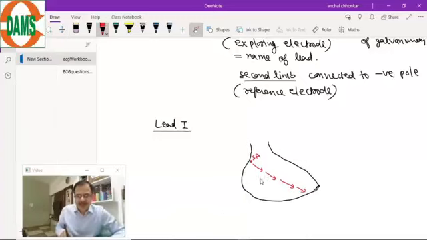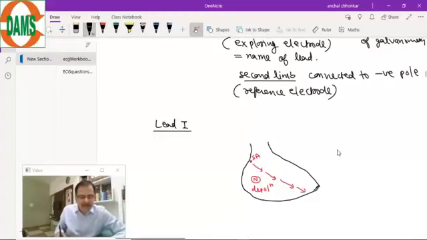So this is the normal depolarization direction in the vertical plane. The red colored arrows show the depolarization going downward from the SA node. It is a movement of positive charge from the SA node towards the apex.